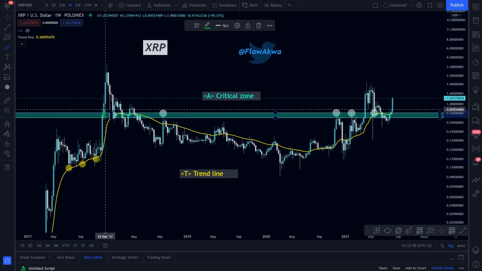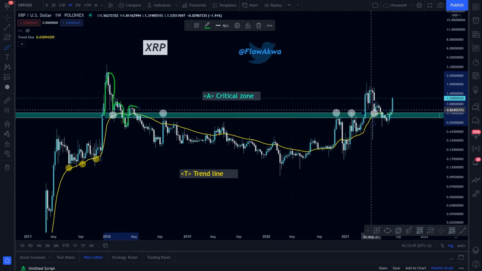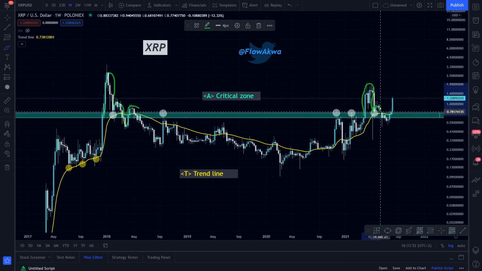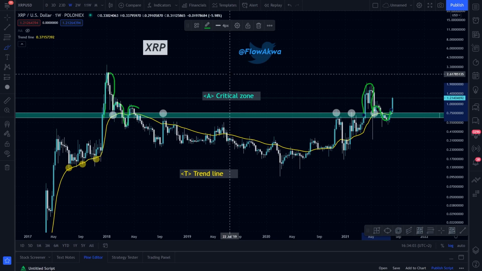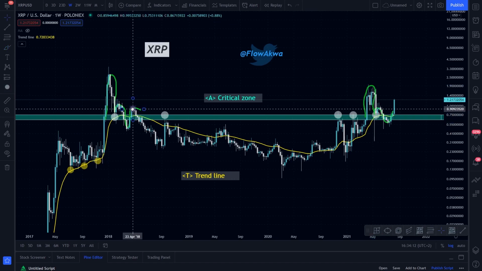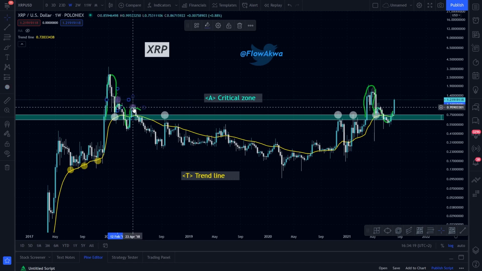The move right here is very similar to the current move. You see, it's the same thing, okay? A top, a bounce, we fall below it, and then we go above it, right?